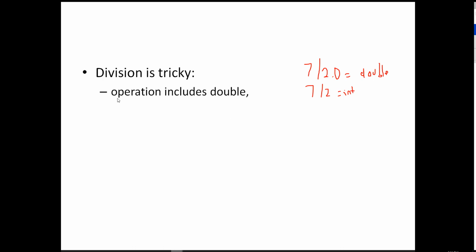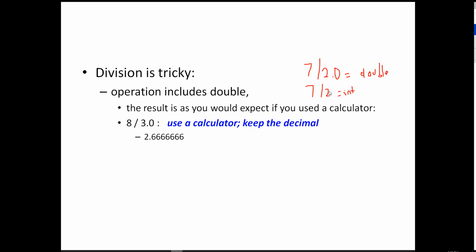And so again, you're going, well, how is that even possible? All right, so here's what happens. If the operation includes a double, the result is as you would expect if you used a calculator. So let's take 8 divided by 3.0. Well, what I have in blue here is what you need to remember: if the operation includes a double, use a calculator and keep the decimal, because it's just like it should be.